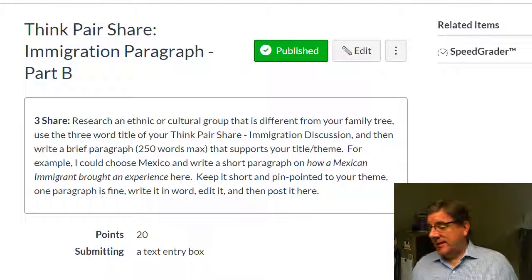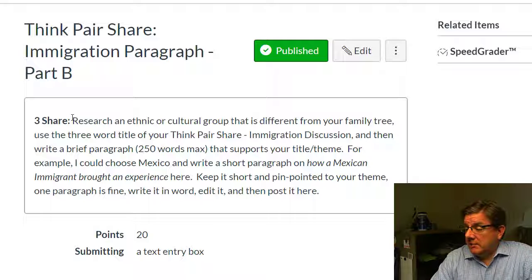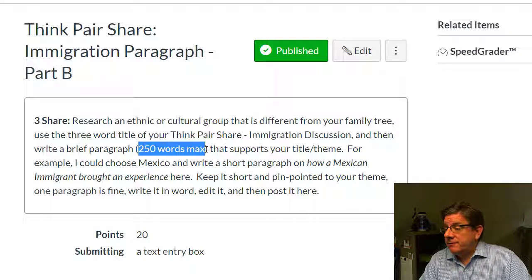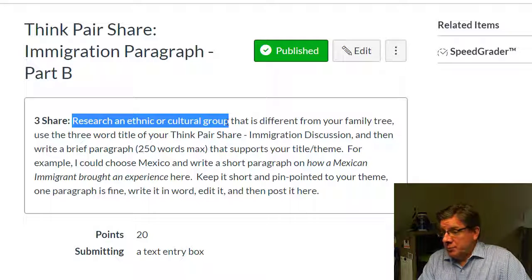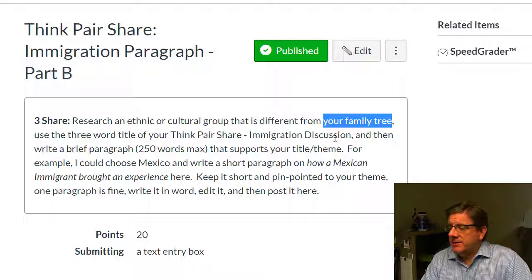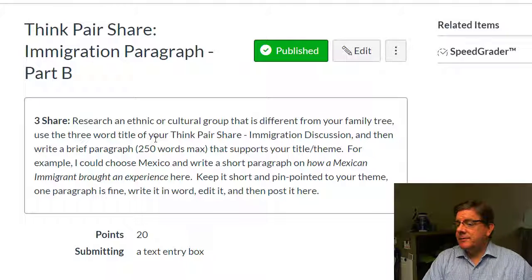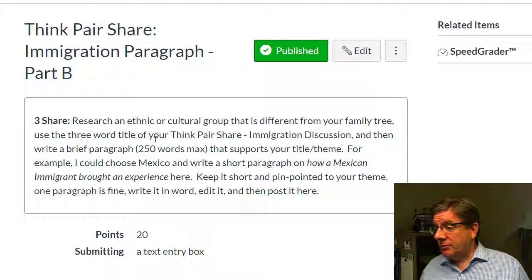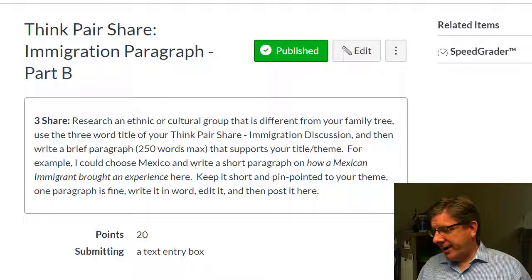So I decided that we would share in a short paragraph of 250 words max, a light research on an ethnic or cultural group that is different from your family tree. Okay, so they have to think from a different perspective. Use the 3-word title of your think, pair, and share. So what was the 3-word title you created? And then write a brief paragraph that supports your title or theme.